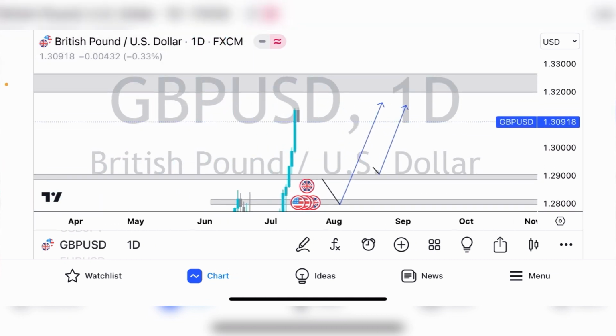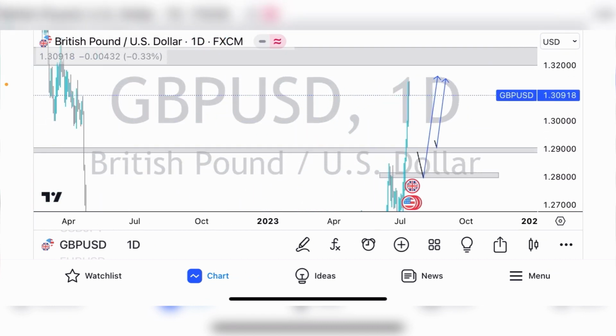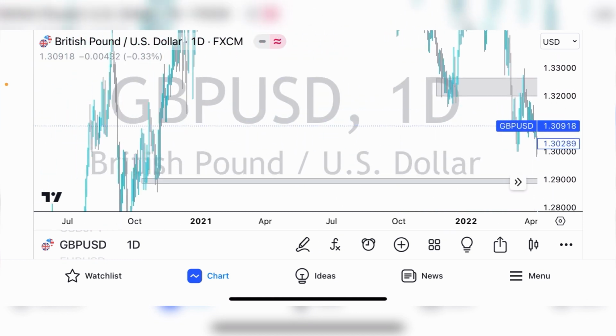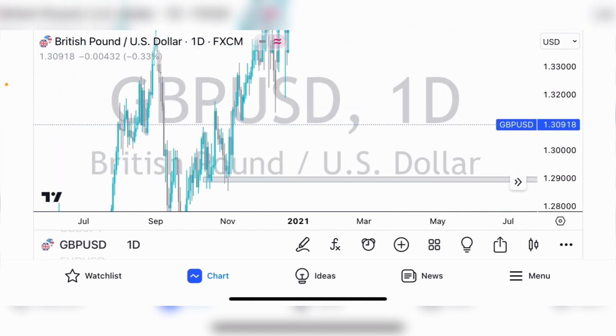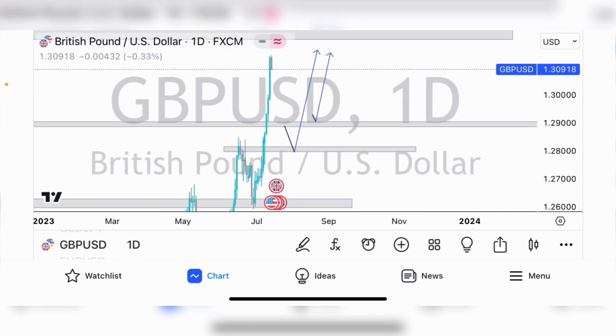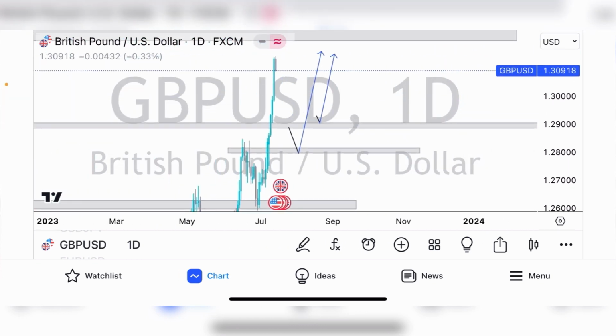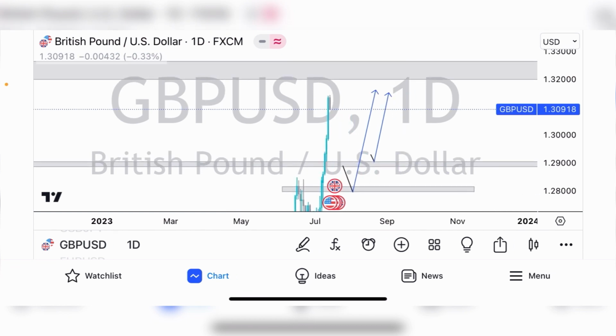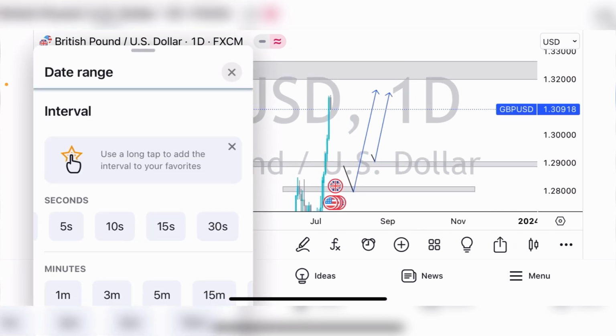And then from there it might buy till our resistance point. If it doesn't reverse and sell to these zones, then it might continue going to the upside.